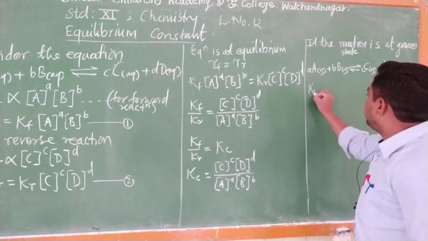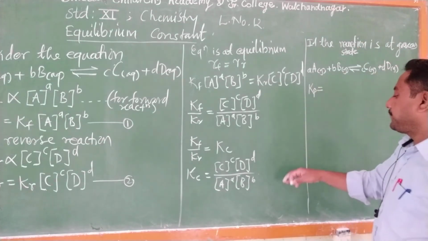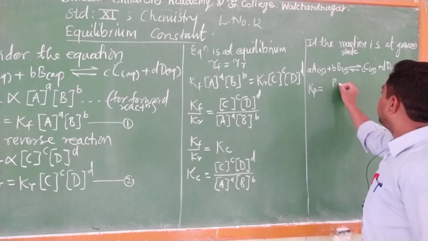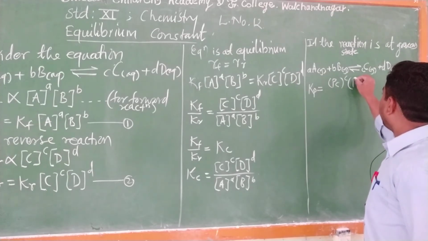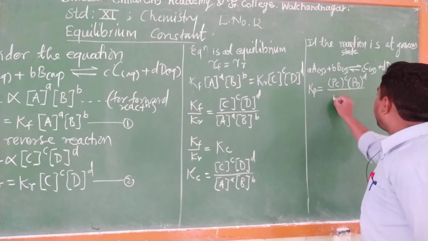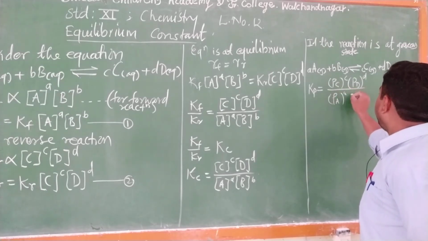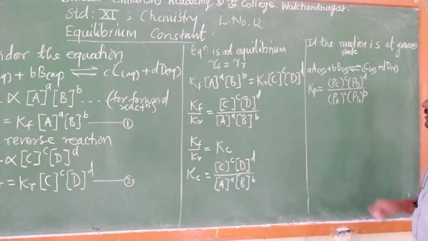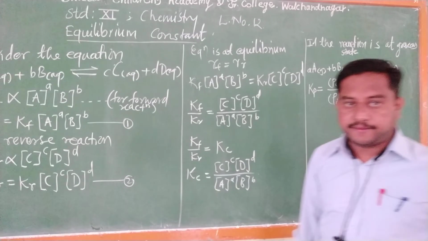So Kp will be equal to pressure of C raised to c into pressure of D raised to d upon pressure of A raised to a into pressure of B raised to b. This is how you'll get the Kp.